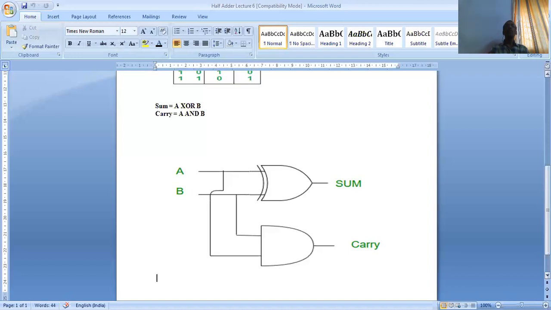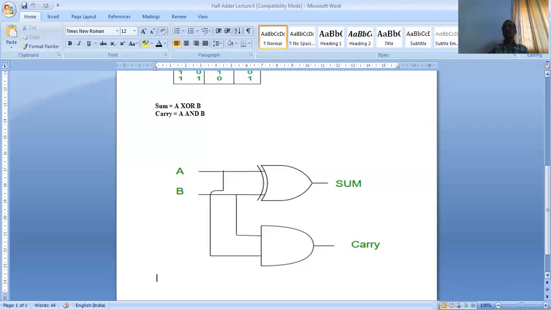When one of the inputs is high and the other is low, then and only then the output of XOR gate is high. Due to that, the XOR gate is used for logic addition, or it is used for sum in mathematics.